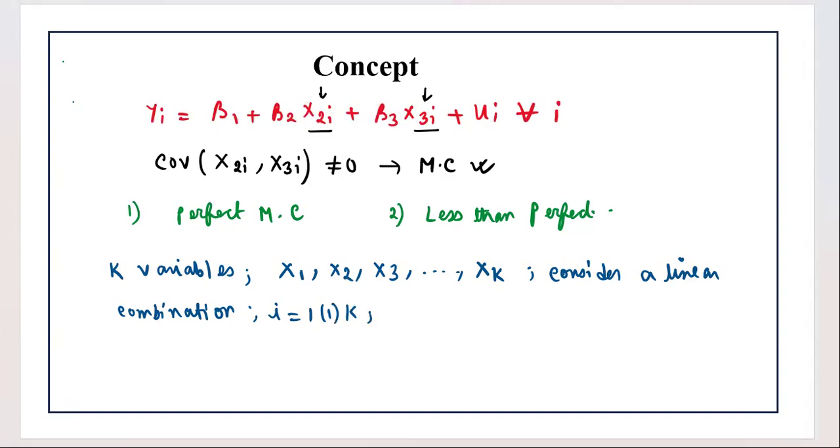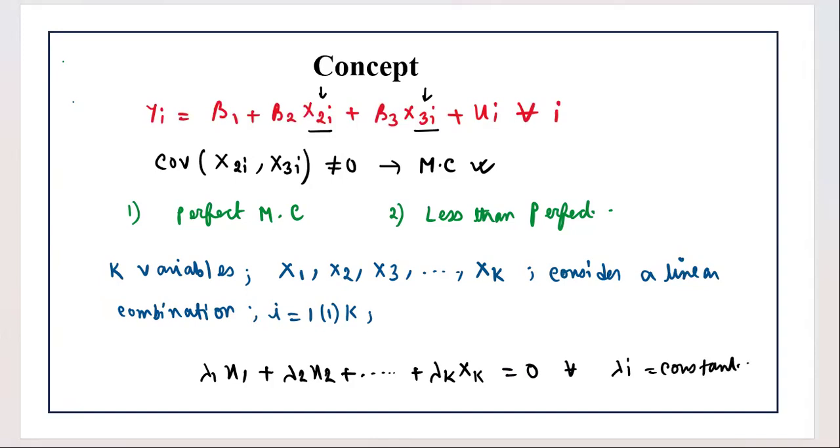Suppose it is like this: lambda 1 x1 plus lambda 2 x2 plus lambda k xk, which is exactly equal to 0, where the lambda i's are all constants and not all lambda i's are equal to 0, right?